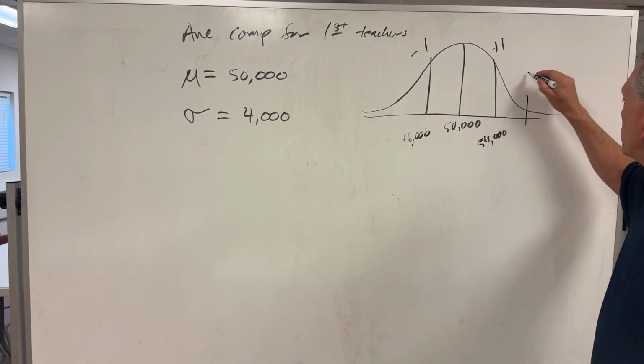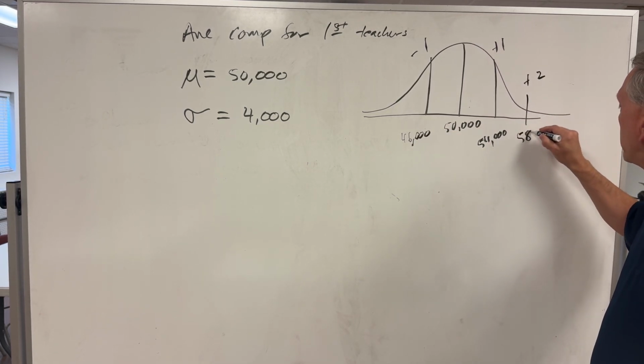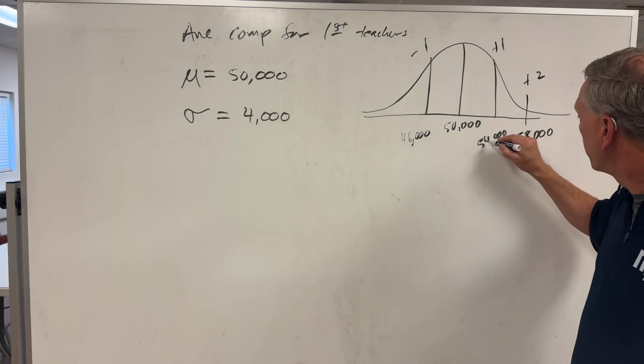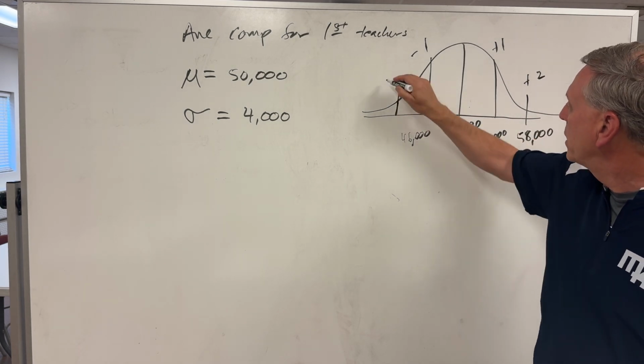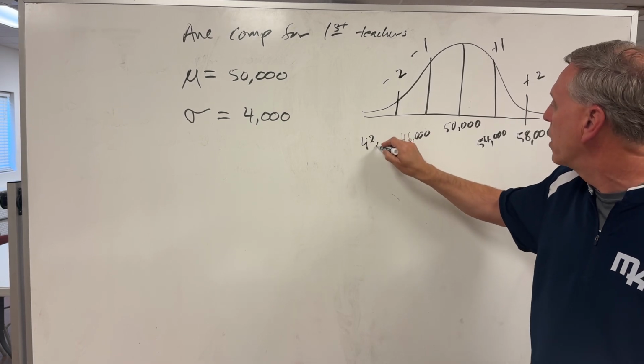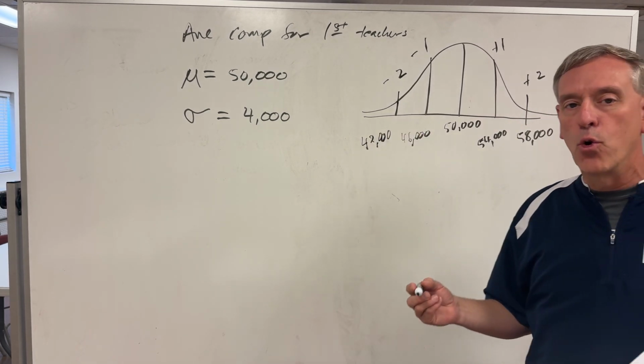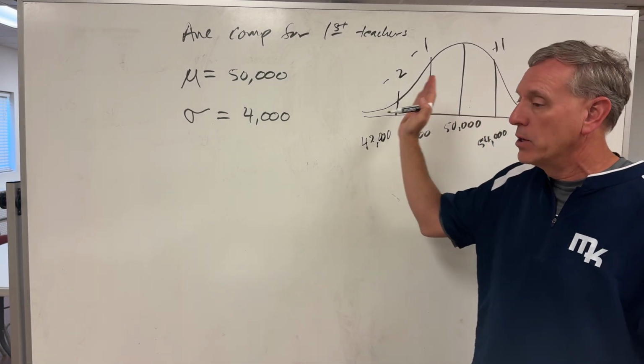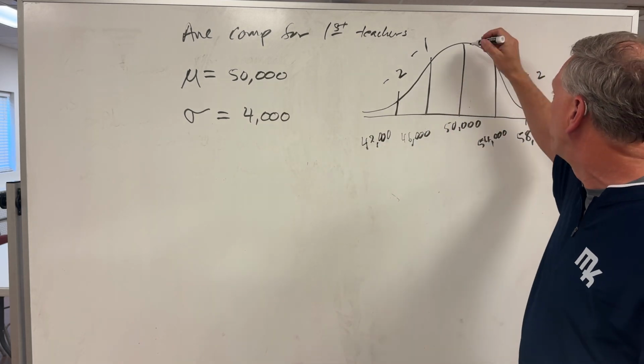Then +2 is 58,000, and -2 is 42,000. The idea behind the normal curve is that half of the data is below the mean, half the data is above the mean.